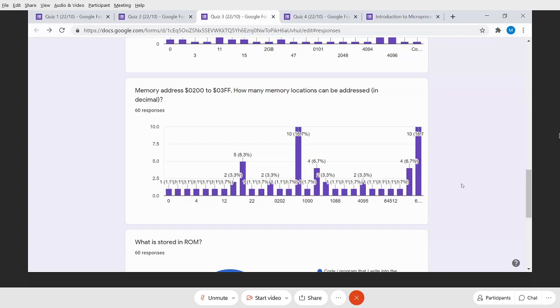Okay, put it this way. 3FF minus 200. So this is 1FF. But remember, you do not take into account the 3FF itself, so you have to add in 1.